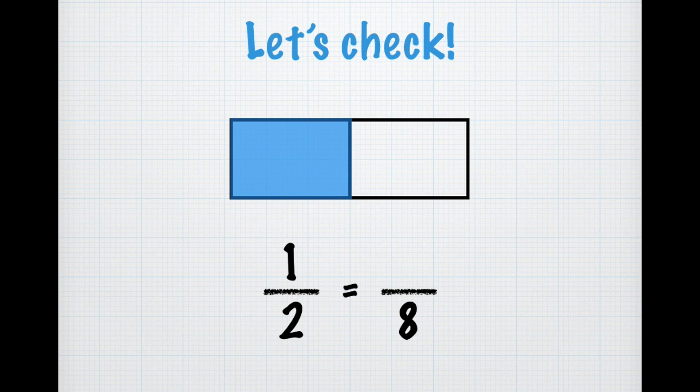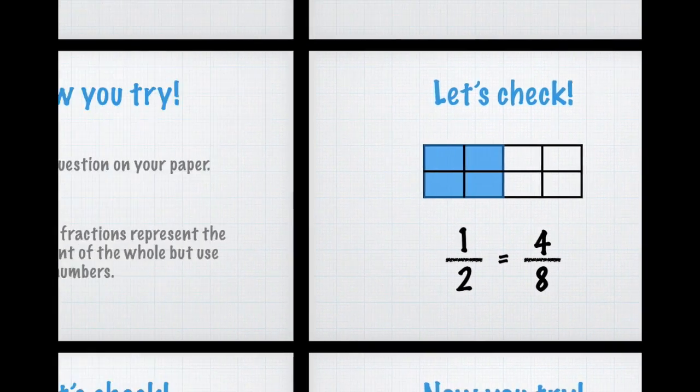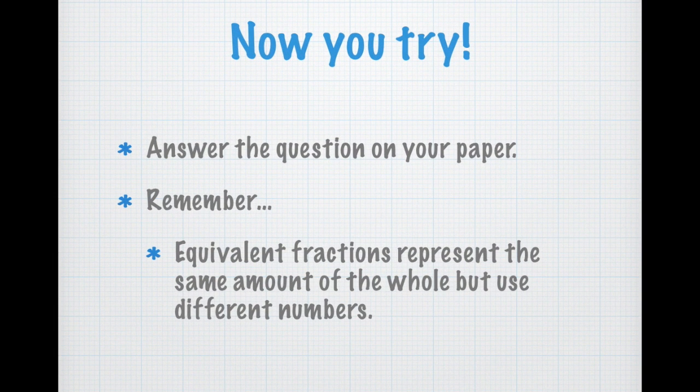I shade in 1/2, then I divide my model to make eighths. And I can see that 4 pieces are shaded, so 1/2 is equal to 4/8. Now you try. Answer the question on your paper. And remember, equivalent fractions represent the same amount of the whole, but use different numbers.